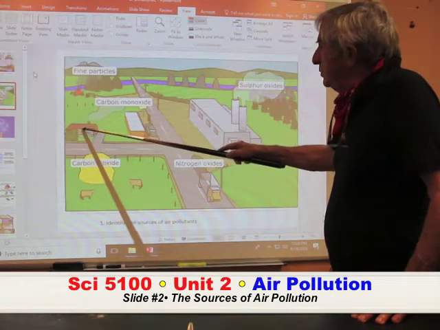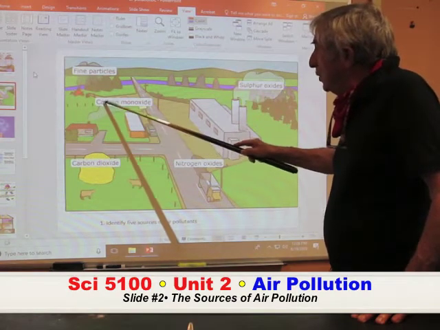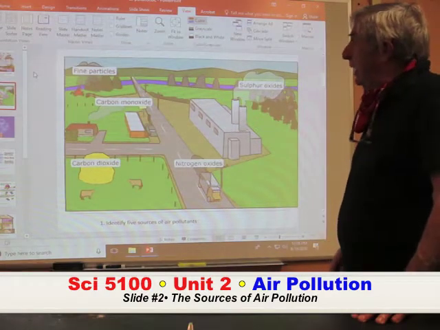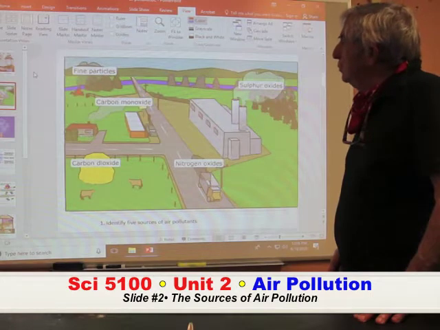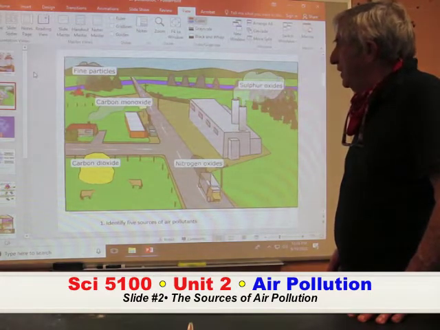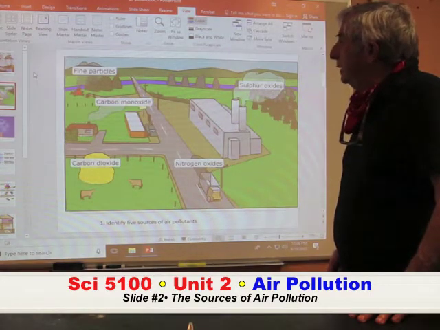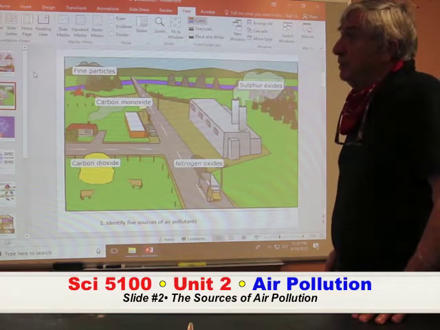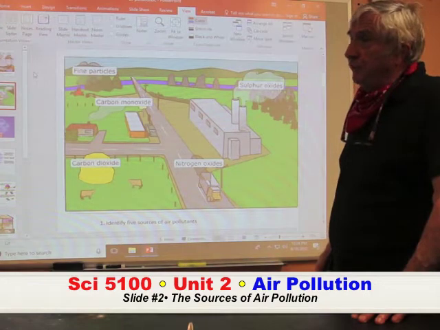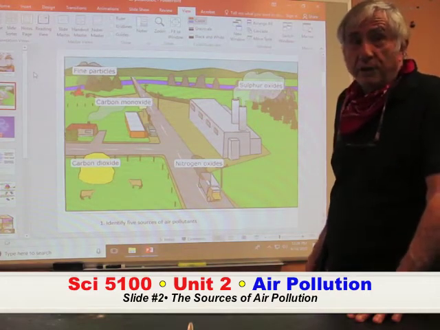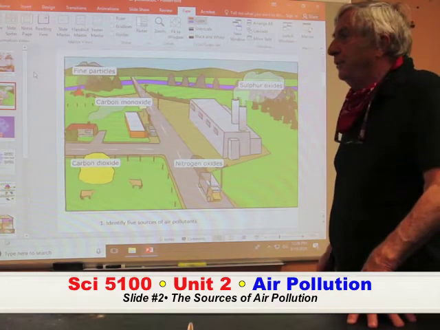If the home is not properly ventilated, that carbon monoxide accumulates inside, and what it does is it competes with oxygen, and it causes a deficiency of oxygen in the body, and it causes carbon monoxide poisoning, and death.